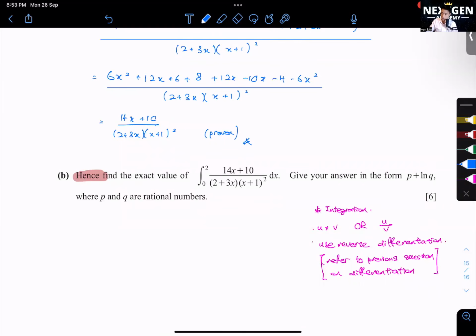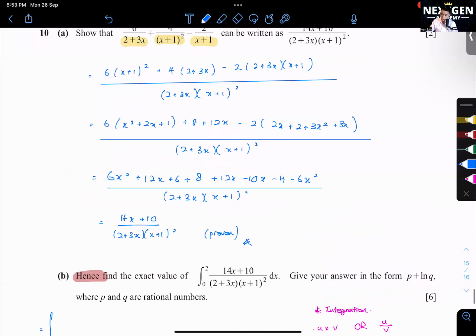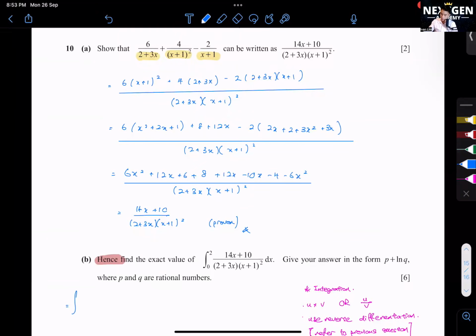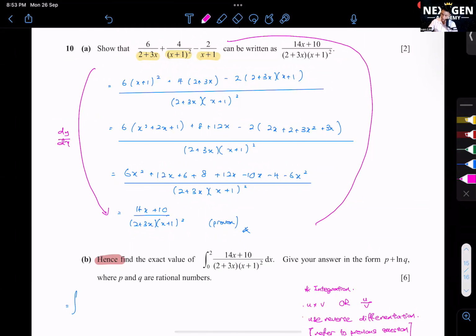So let's say if I want to integrate this, I will write back to the question. Because 14x plus 10, if I differentiate, I will get this. That means if I reverse back the process, this is integration.